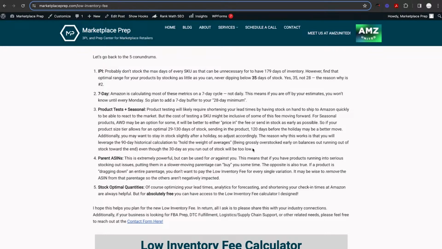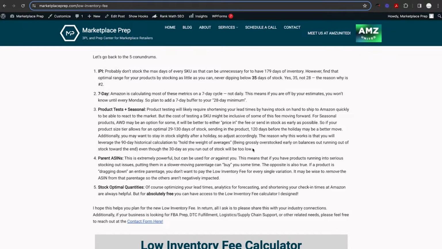The opposite is also true, though: if you have an ASIN that is very, very much overstocked, that can help you build in a buffer for the SKUs that you're running low on or having supply chain issues with. So you need to use the ability to add or remove ASINs from parentages beyond just the catalog and merchandising aspect, and also factor in how it impacts your fees.